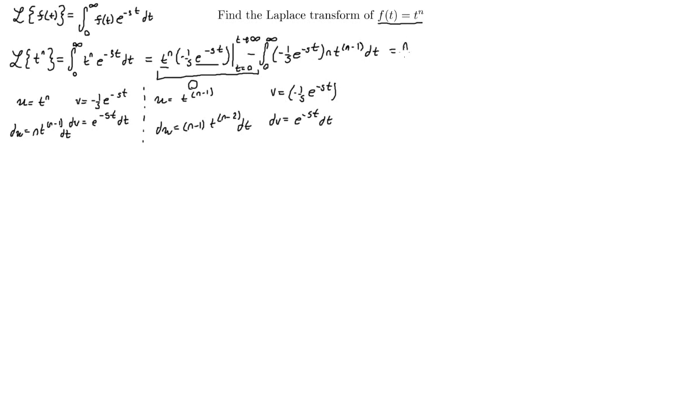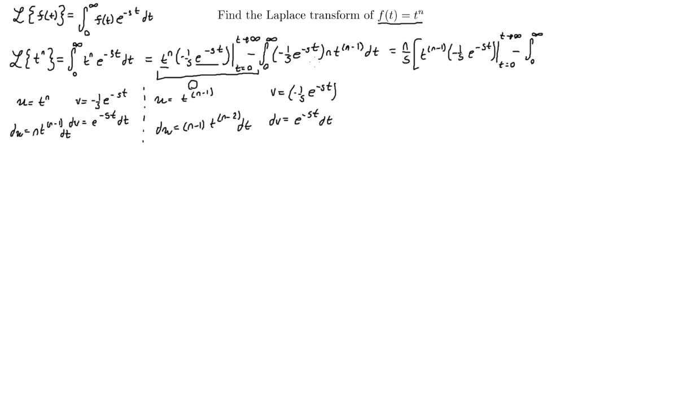So this is going to be n over s times u, t to the n minus 1, times v, minus 1 over s e to the minus st. And that's t equals 0, t goes to infinity, minus the integral from 0 to infinity.